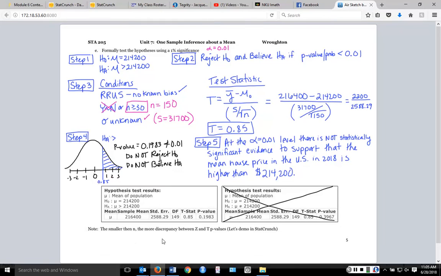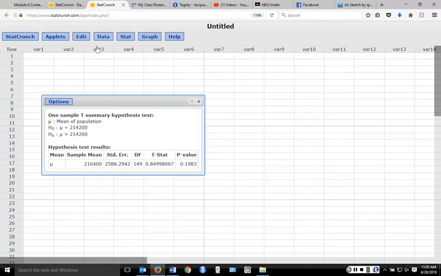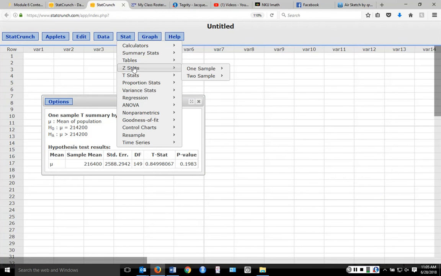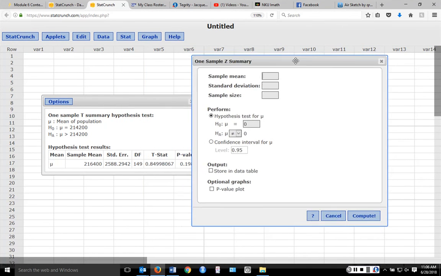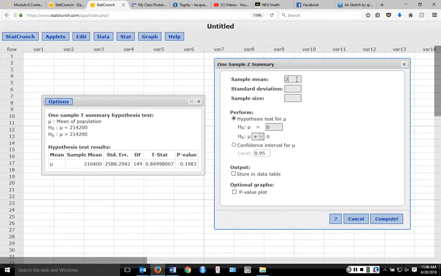Now something to be a little careful of is the smaller the sample size, you will see more of a discrepancy or different numbers between z and t. So I'll just actually show you here, even though our sample size is 150, there won't be a drastic difference, but you'll see a little bit of a difference here in StatCrunch. So if instead I would have accidentally gone to the Z stat menu, the main difference that's happening here is that it's just labeled as standard deviation instead of sample standard deviation.